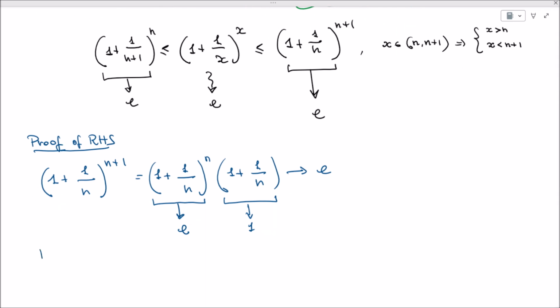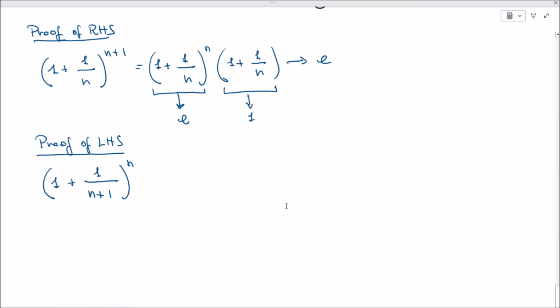Let's prove now that the left hand side tends to e as well. So we want to prove now that 1 plus 1 over n plus 1 all raised to the n will tend to e. Okay, let's see how we can prove this.